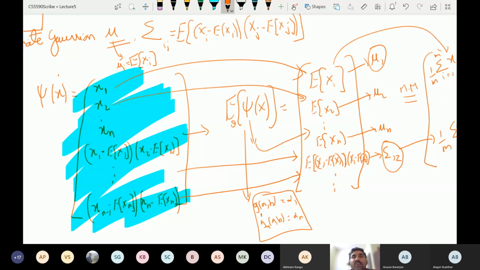So there's no one answer for which psi function you choose. You choose psi based on your convenience. The only restriction is that you should take rich enough psi functions such that all your parameters are estimated. Suppose I choose the psi function as the uninteresting constant function 0.